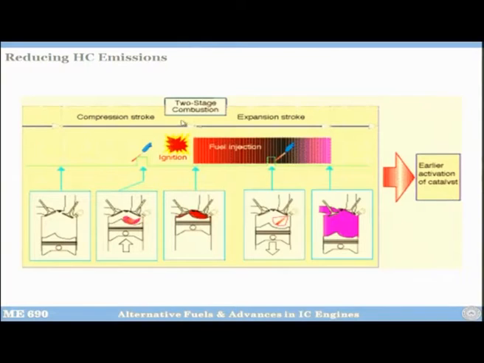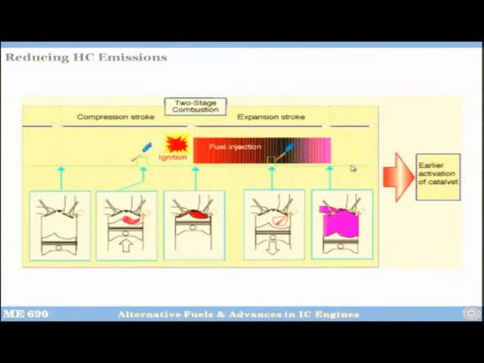So, now the expansion stroke starts and almost at the end of the expansion stroke, you inject another pulse. The fuel will burn and this is going to raise the temperature of the exhaust, and then during the exhaust this hot gas goes out. So, this enables the exhaust gas temperature to rise from 200 to 800.